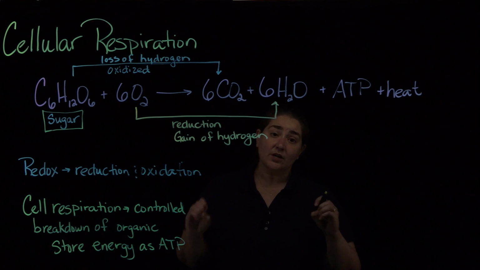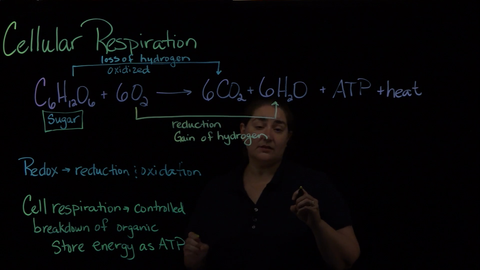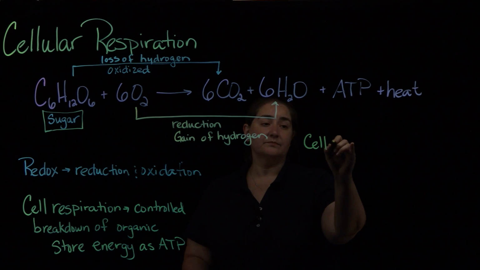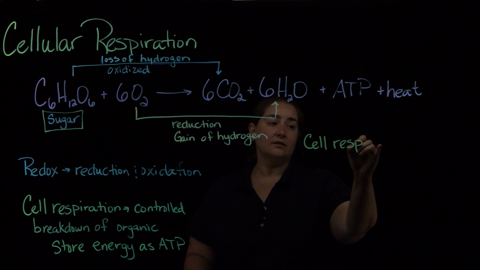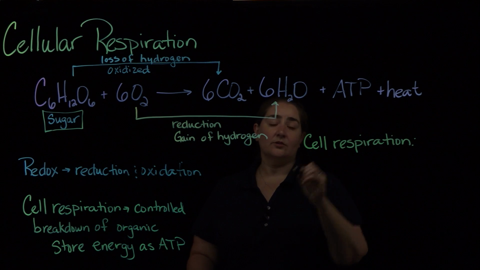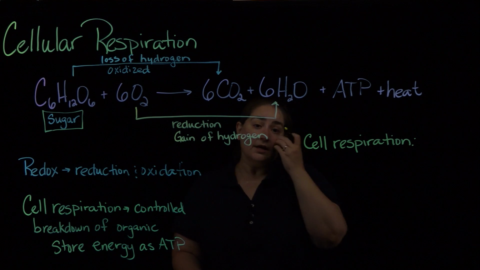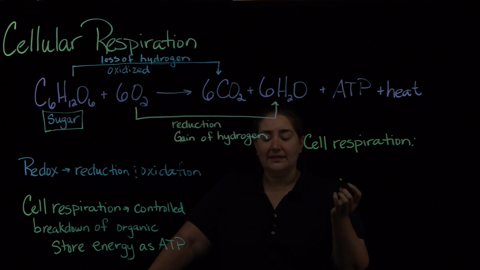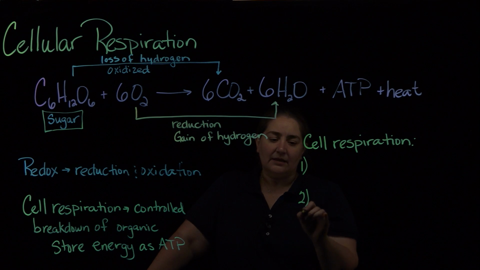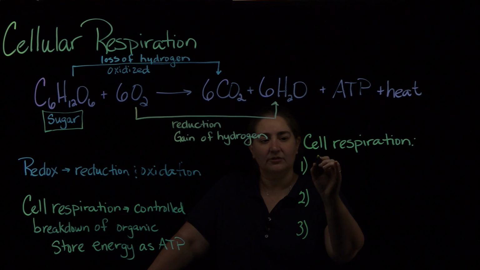And what we're going to talk about in the next set of videos with cellular respiration are the steps associated with cellular respiration, okay? And I think your textbook breaks it down into 4, and in the PowerPoints I've got it as 3. There's some overlap with some of these that we'll talk about, okay?